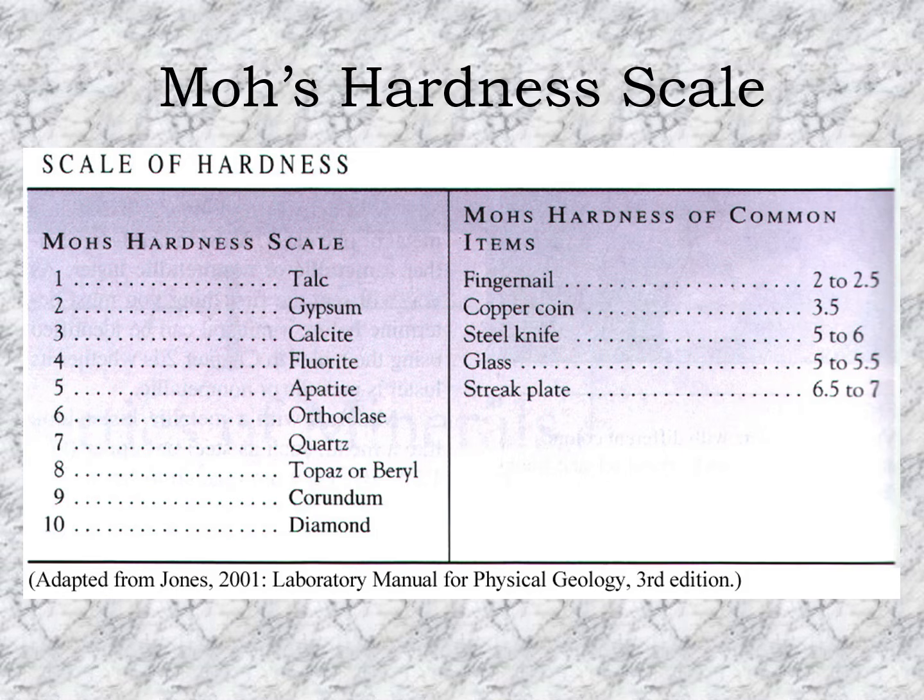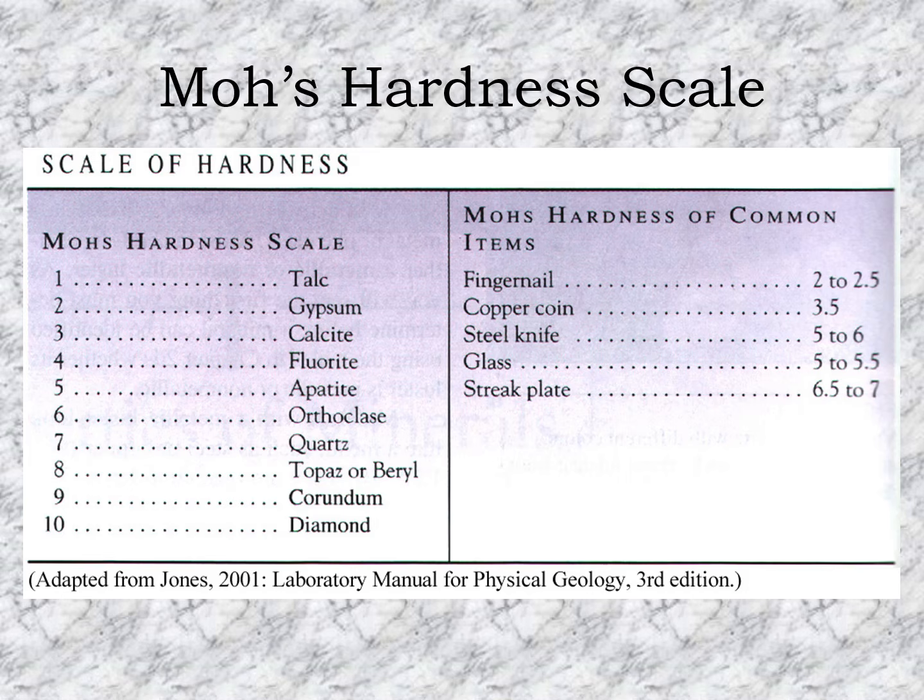So we have here the different items with corresponding hardness scale. Fingernails are equivalent to gypsum and calcite.